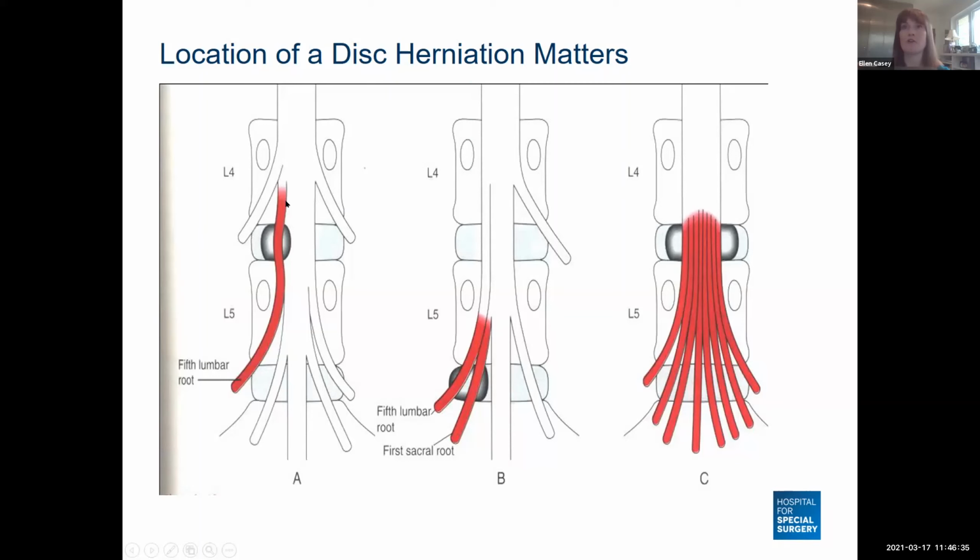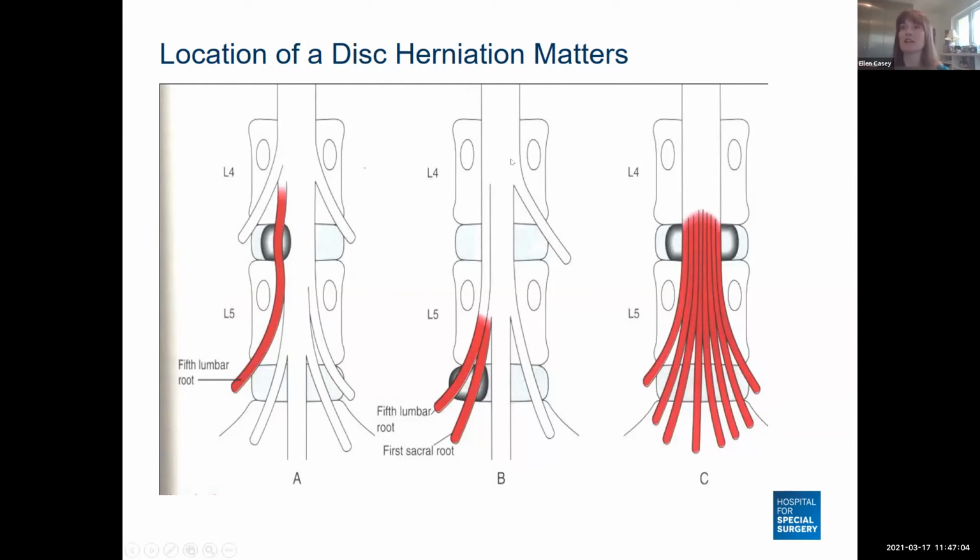And this is the L5 nerve root, which is going to exit below the L5 pedicle, so one level below. If you have an L4-5 disc herniation just to the side of the midline, that's most likely not going to affect the L4 nerve, because that has already exited the foramen and is in the clear. But the L5 nerve, which exits below, is the one that's getting compressed with that L4-5 disc herniation.